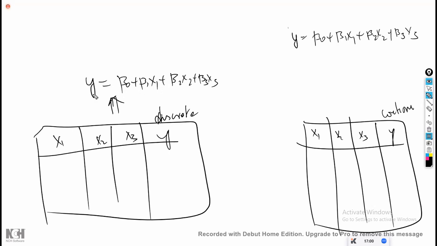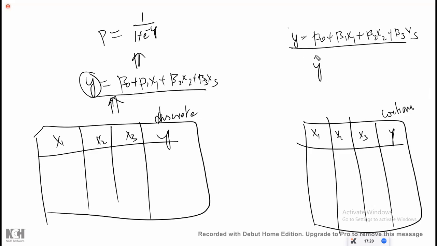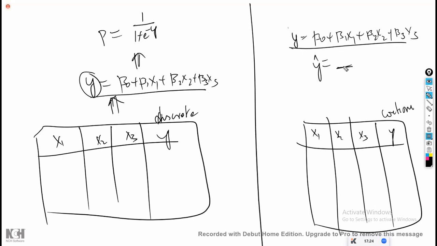After calculating, this y will be converted to probability by substituting in 1 divided by 1 plus e to the power of minus y. Whatever value you have got here, you stop here itself. In the regression equation, you use your model to calculate this value, and after calculating it, you directly compare it with the original value itself.